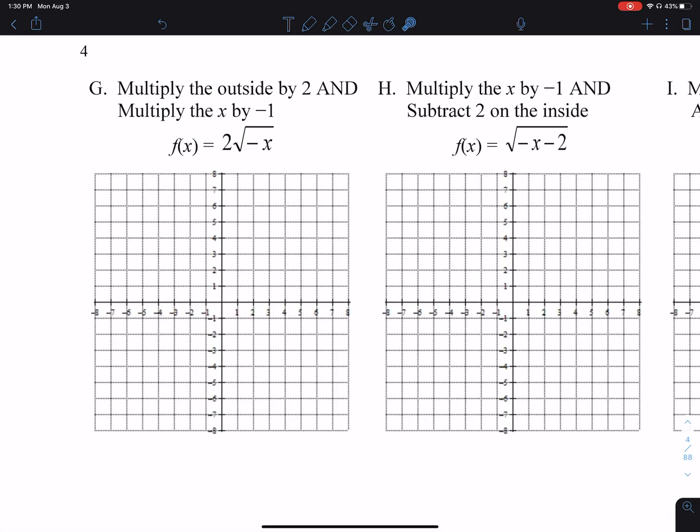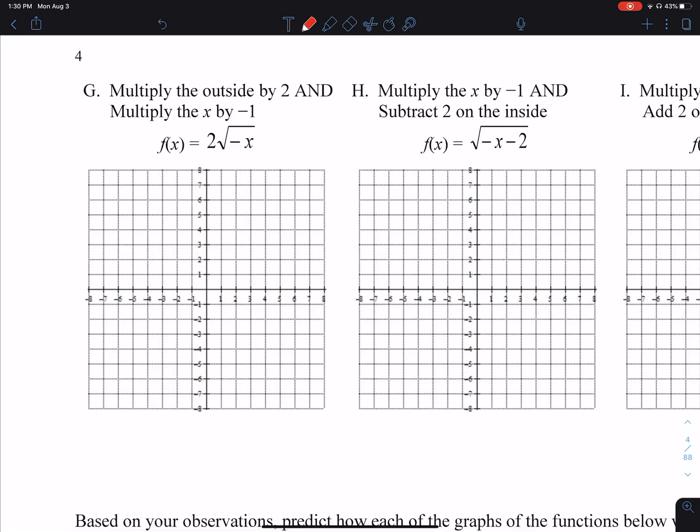G, we're multiplying the outside by 2 and we're multiplying the inside, x, by -1. So let's see. I'll tell you what it does, and then we will see what it does graphically when we actually look at the picture.